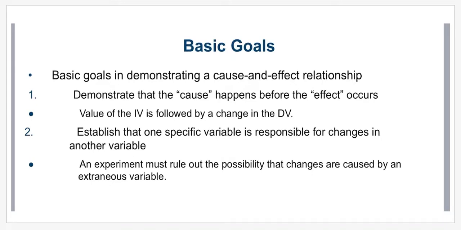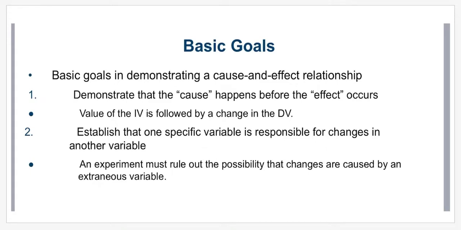So that is why we change a value or level or condition of the independent variable, and then we follow up with a measurement of the dependent variable so that we are showing that the change in the independent variable is followed by the change in the dependent variable.